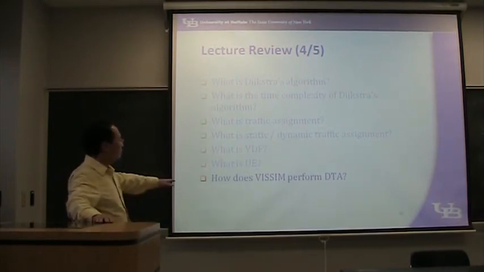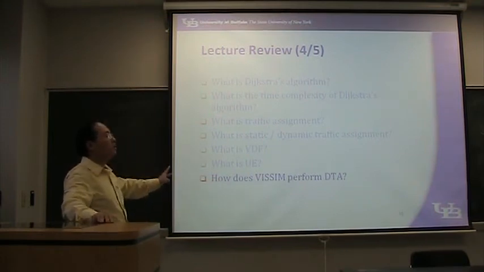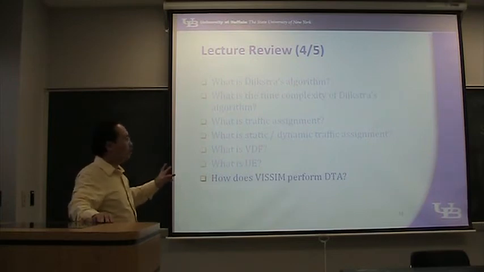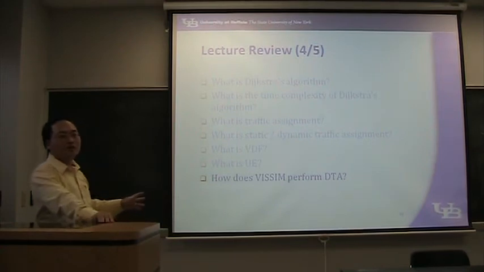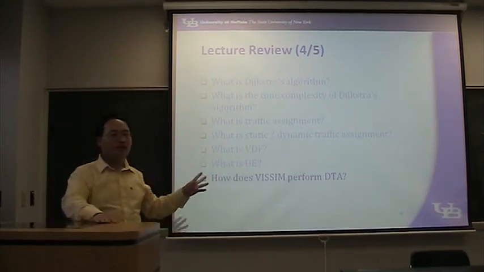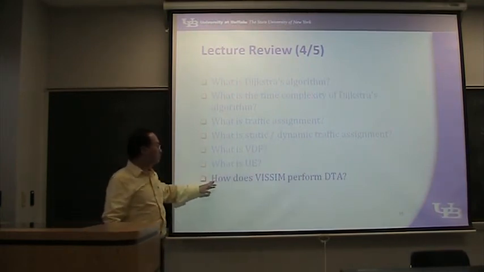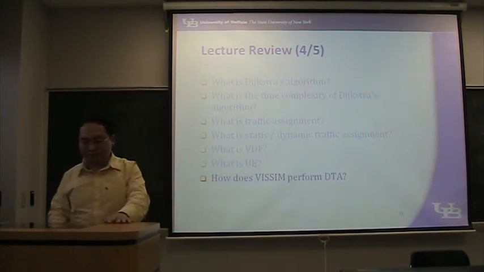But before they perform a dynamic traffic assignment, they have three key things: the generalized cost, the learning procedure, and the shortest path. I forgot if it's the shortest path, but it's in my slide, and you can easily find this. The three criteria of Transims to perform DTA. So check the slides.